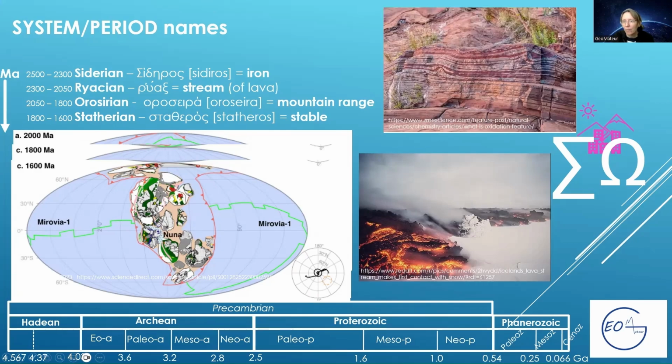So Statherian reflects relatively steady tectonic and environmental conditions.